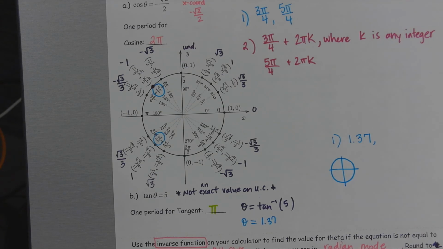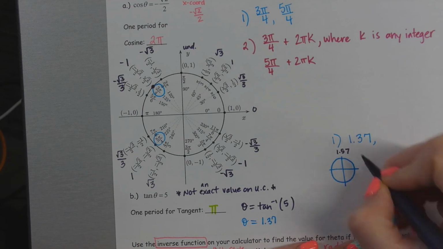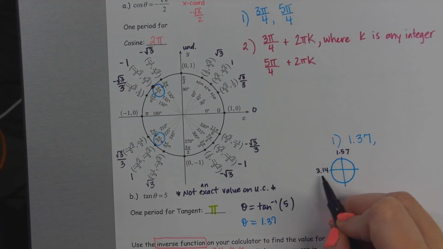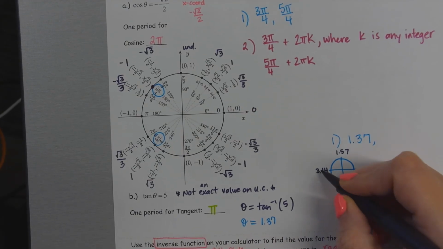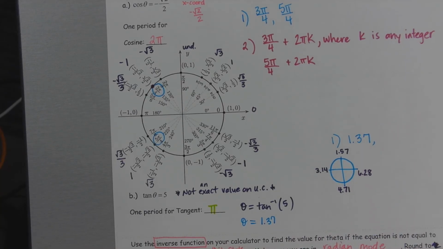Yeah? Okay, so what we're going to do is find that. Remember that when we wrote out what the radians were as decimals, it was 1.57 because that's half of 3.14, and then 4.71 because you add the 1.57 all the way to 6.28.